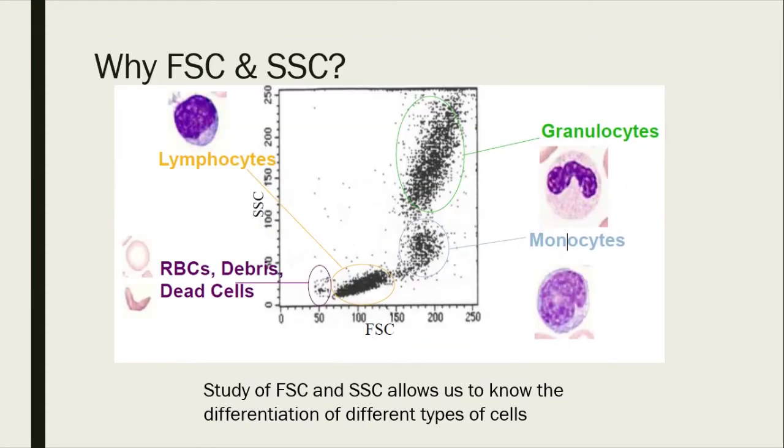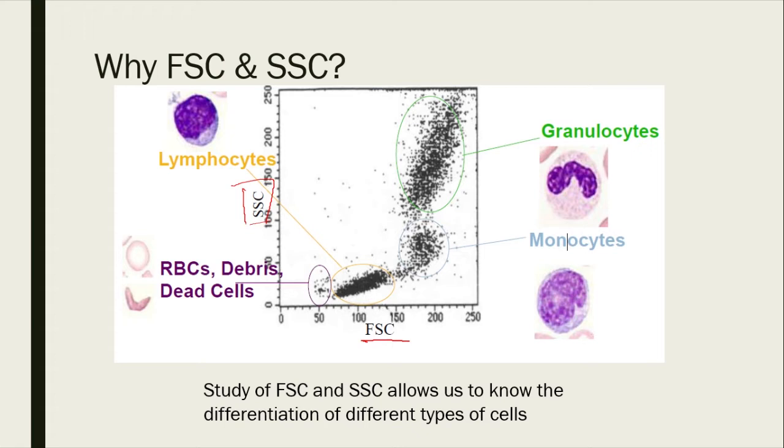Like I said earlier, why look at FSC or SSC? It's a quick way to tell what kind of cell types are in your blood. Here we have an example graph showing data with forward scattering on the x-axis and side scattering on the y-axis. Each little dot is a population of cells.